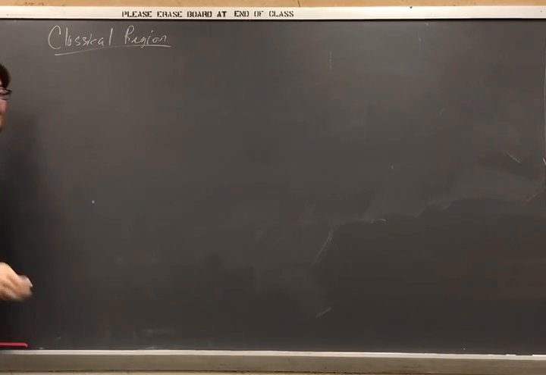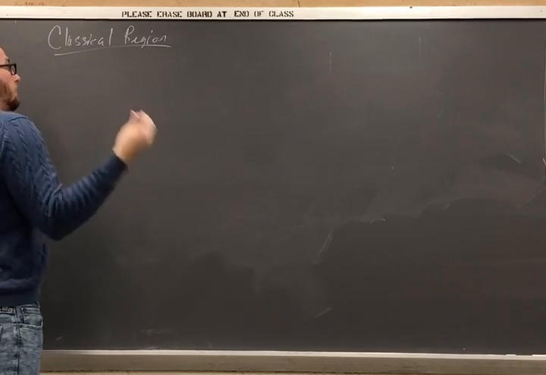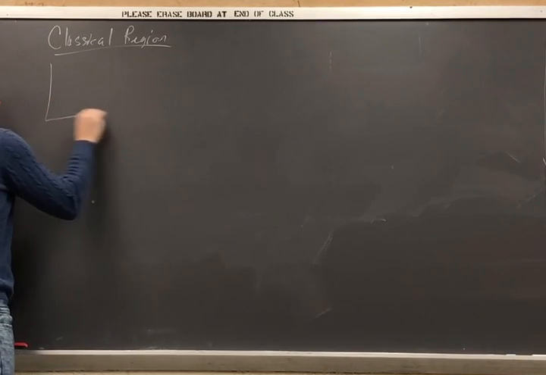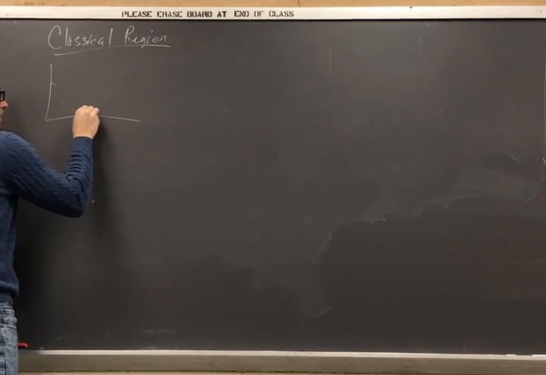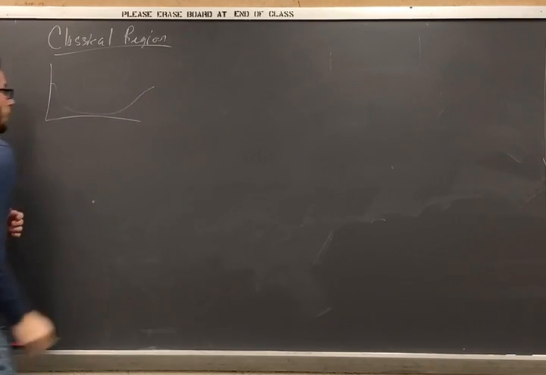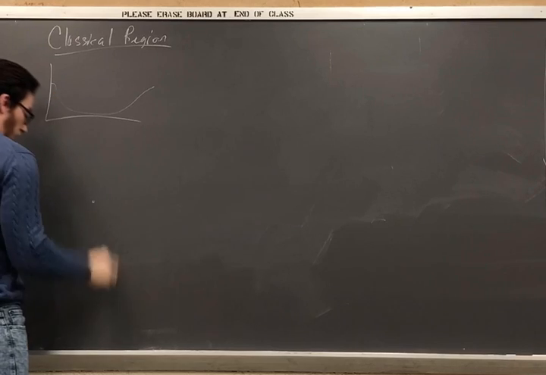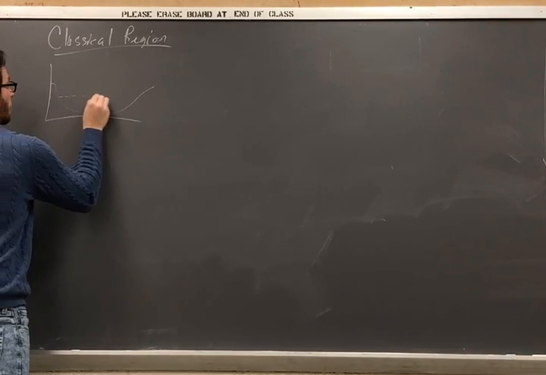So later we'll go over things that aren't in the classical region, but what do I mean by this classical region? So let's assume we have this potential again, start up here, maybe we come down here, and come up again. And we have our E, so what's our E look like? Our E looks like something right here.